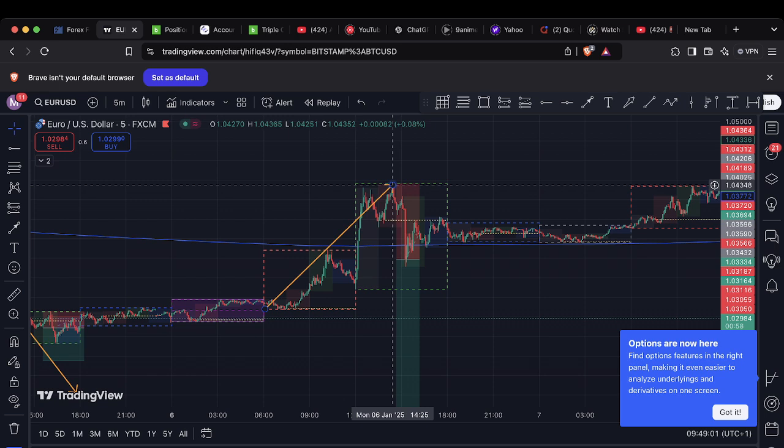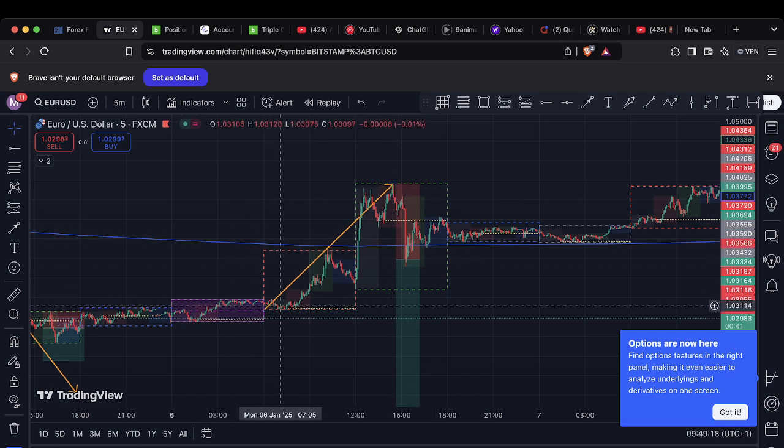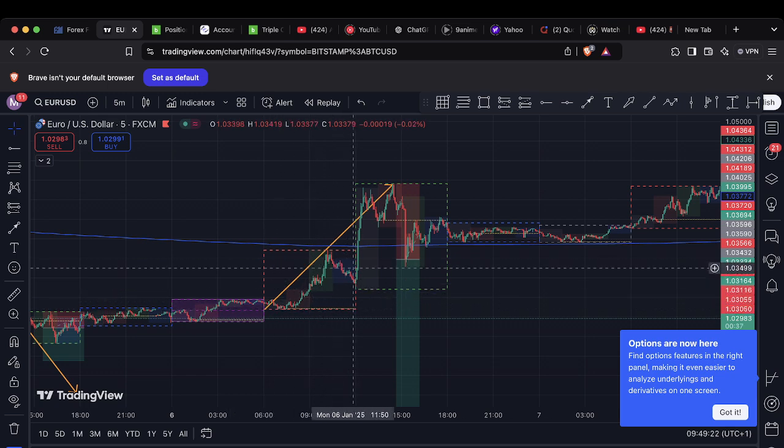I know some people will be wondering, at what point do you get the confirmation? Remember, the confirmation comes from the internal structure. Once the market is trading up, you wait for when the market breaks the low of an internal structure quarter. The reason I did not enter any trade here is because you can see that in the internal structure none of the lows were broken.